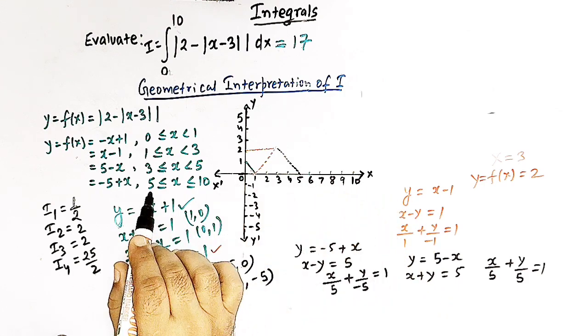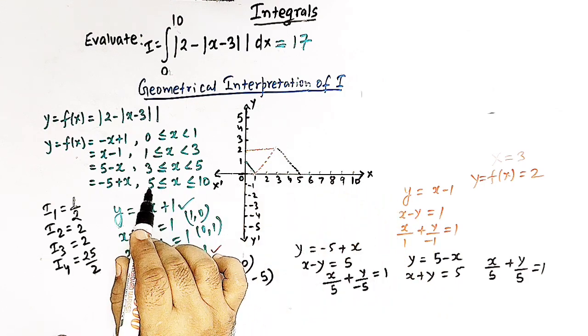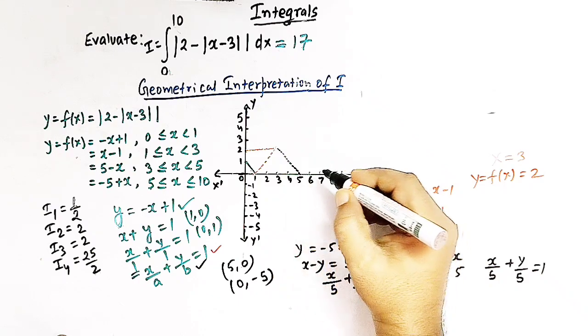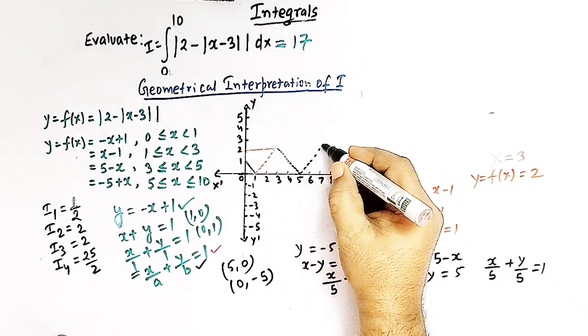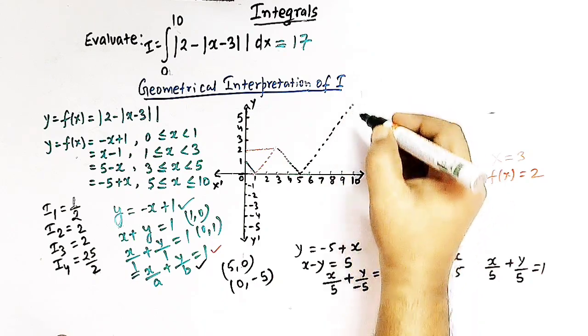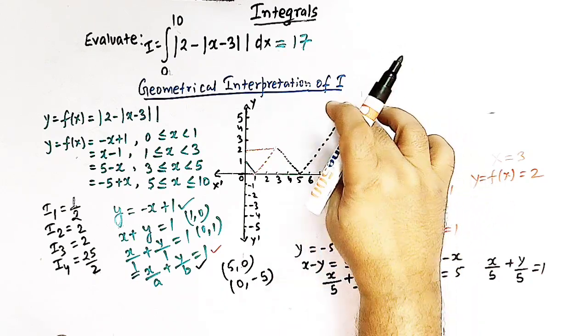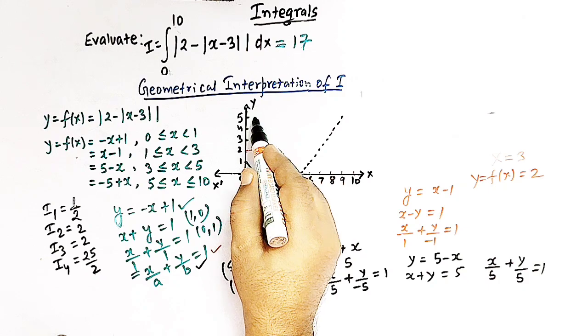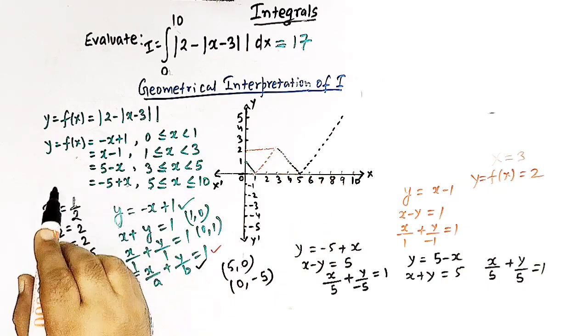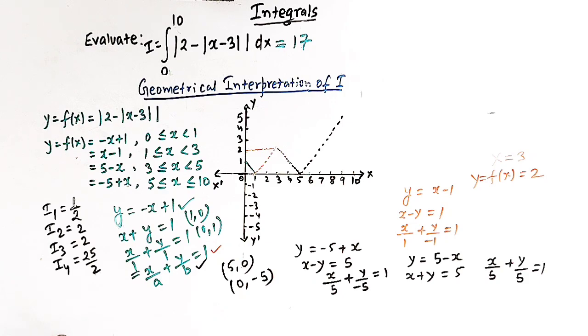But here we have to restrict ourselves from 5 to 10. So this line will appear like this. So here we have 10, and here we have 5, right? Because when x is equal to 5, then y is equal to 0.